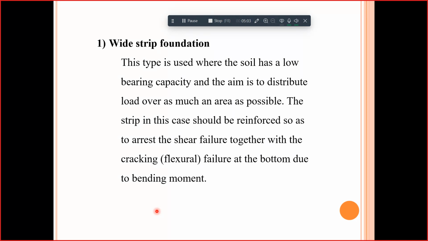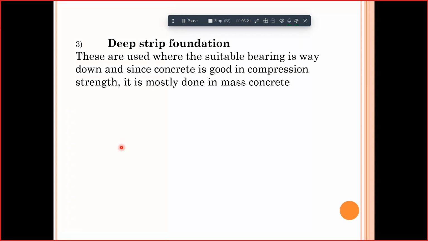It is used where the soil is loose, maybe in marshy areas. You can use it as part of your foundations.